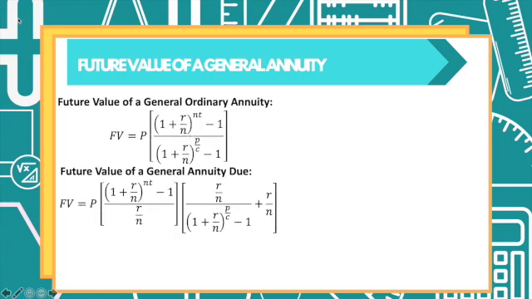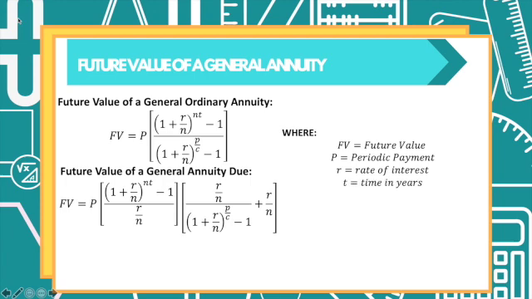So we have the future value of general ordinary annuity and the formula for the future value of general annuity due. As you can see, most of the variables are the same as the variables in the formula of simple annuity. We have FV as the future value, capital letter P as the periodic payment, R is the rate of interest, T is the time in years, and N is the number of compounding periods per year.